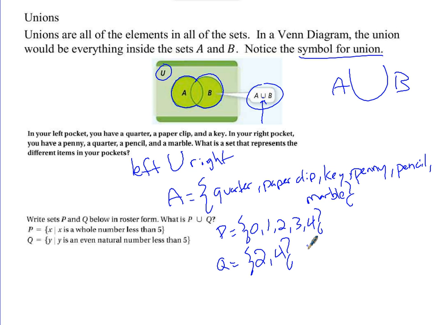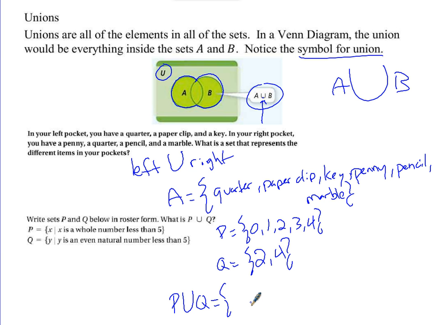So now that we know what all the elements in both of these sets are, we can make P union Q. So I'm going to write P union Q equals, and I'm just going to write it in roster form. P union Q takes all of the elements in both sets and puts them together. We don't write the repeats though.